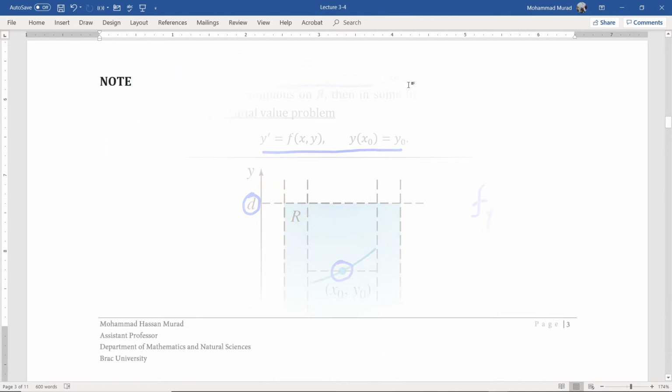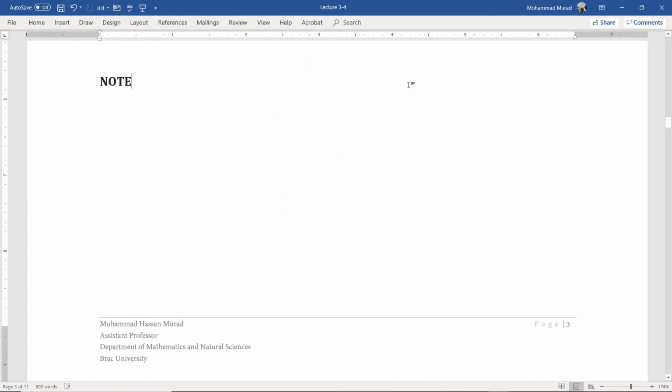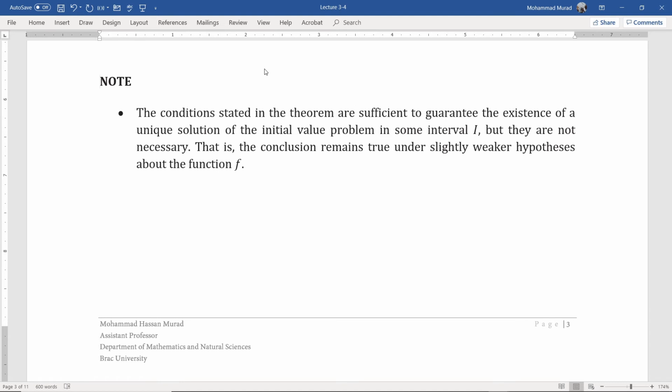Before we move to an example, let's note the following points. The conditions stated in the theorem are sufficient to guarantee the existence and uniqueness of the solution to the initial value problem in some interval I. But they are not necessary. That is, the conclusion remains true under slightly weaker hypotheses about the function f.